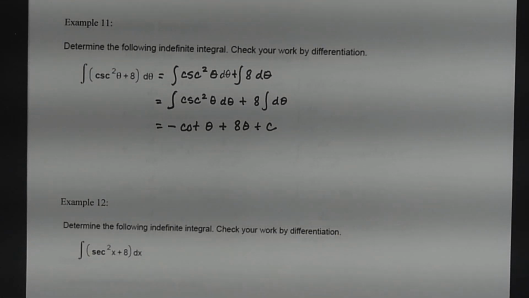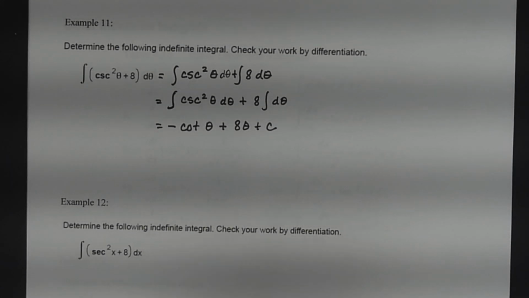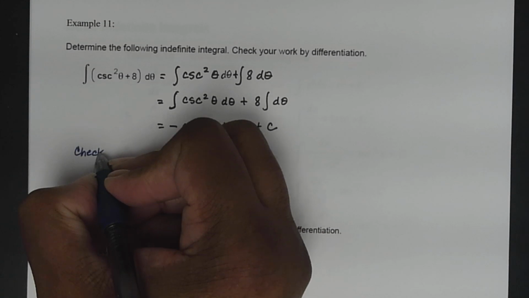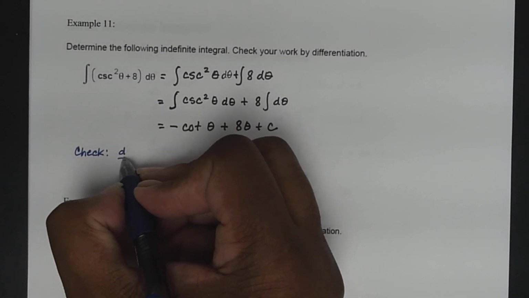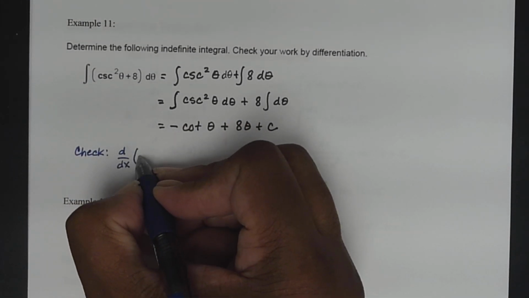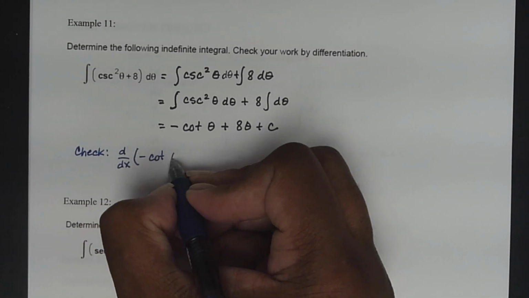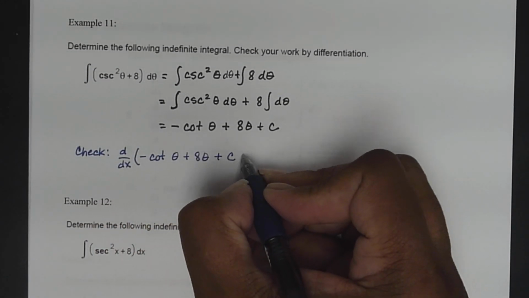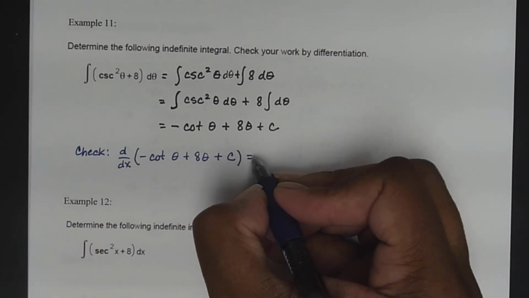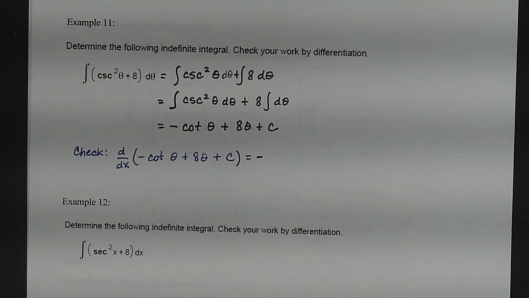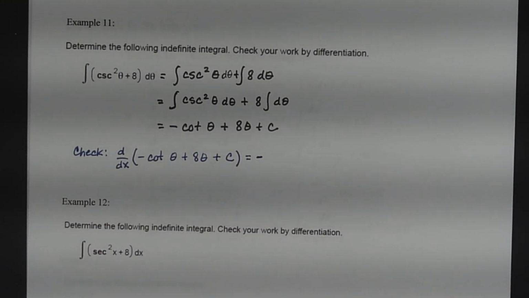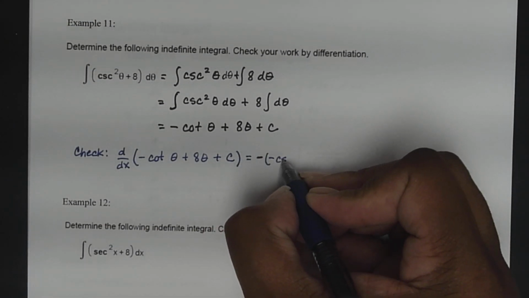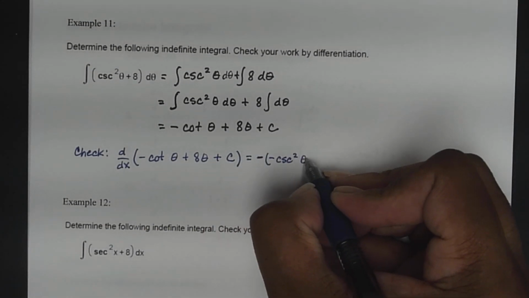Now, if you want to check this, we're going to do that as well. So here's what the check looks like. Take the derivative with respect to x of negative cotangent theta plus 8 times theta plus c. Well, bring this negative sign over. The derivative of the cotangent of theta is negative cosecant squared of theta.